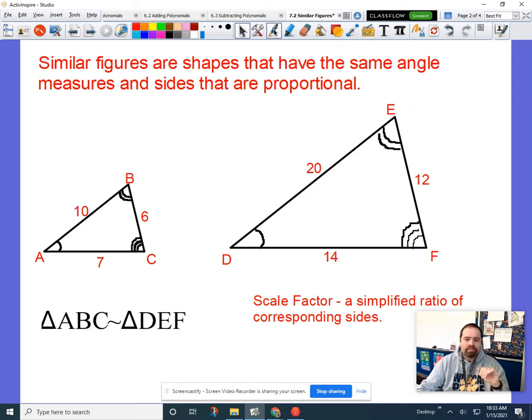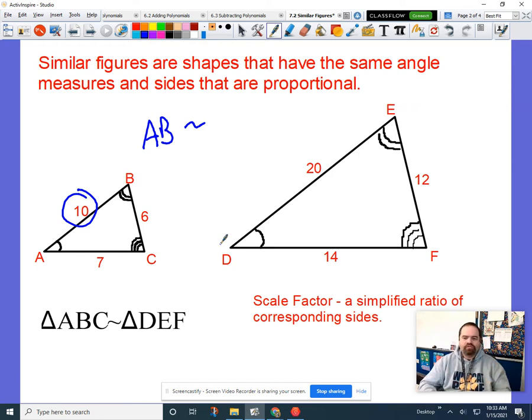So what I mean by that, if I said, okay, let's focus on this side right here, AB. So AB is similar to or proportional to a side in the other triangle. Now, I kept these triangles turned the same way so it was easy to see. That's not always going to be the case.